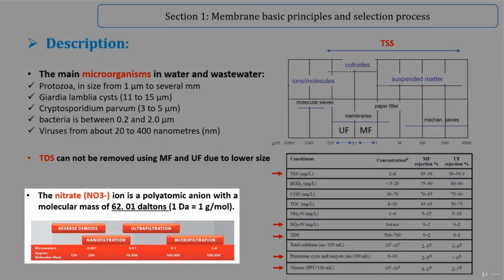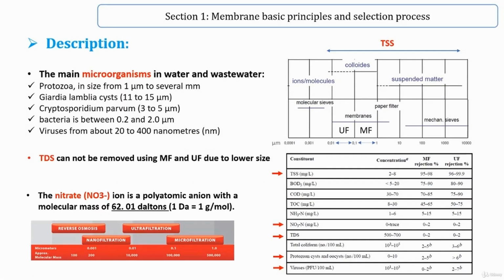The nitrate ion is a polyatomic anion with a molecular mass of 62.01 daltons, and if you look at the molecular mass range in this figure, it cannot be removed using microfiltration or ultrafiltration. For this reason, the removal efficiency for both is almost zero. Two of the most important processes for the removal of nitrate are ion exchange and reverse osmosis.